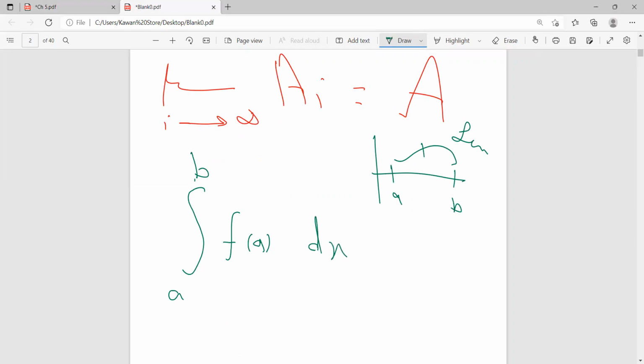What do you mean by dx? I mean the change over the x-axis, the change here. Understood? That's all that we need to know.